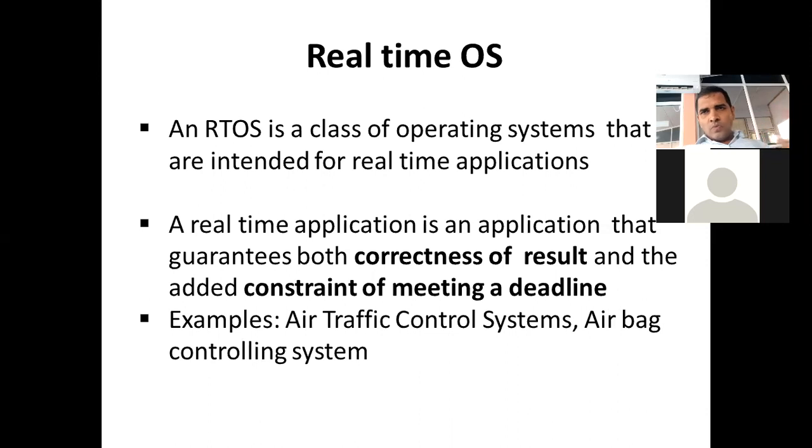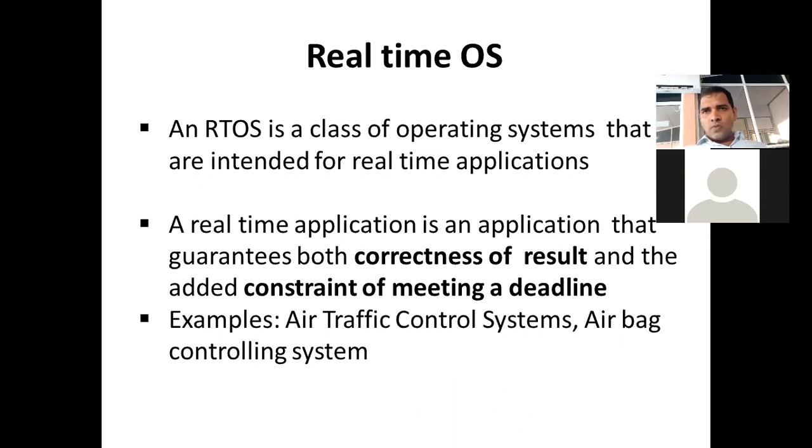So these operating systems are used specially for such purposes, right? In some instances, if you use our normal operating systems, there is always some sort of delay in processing. In that case, you will face a lot of problems because they are real-time applications. They need immediate processing, immediate response.